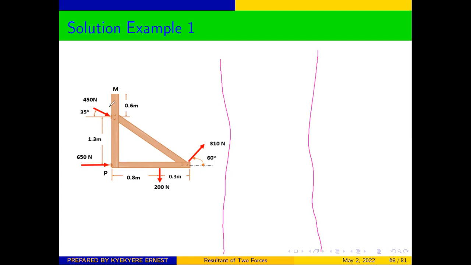So in this case, we are asked to find the force couple system at point M. Point M, this is where we are finding our force couple system.